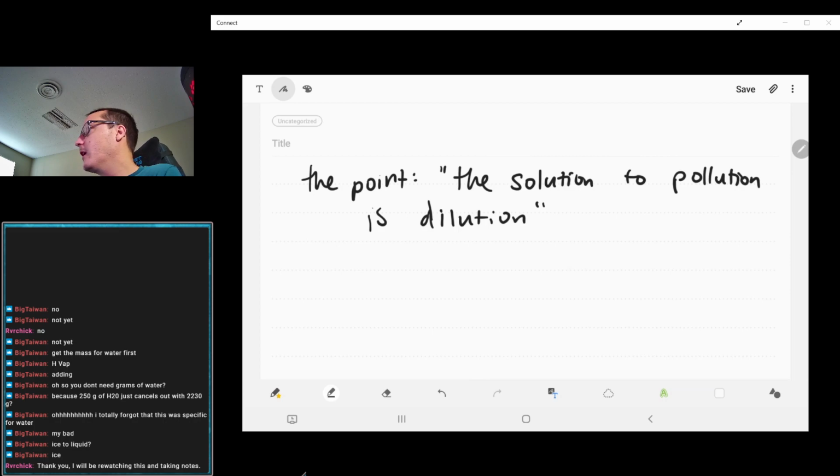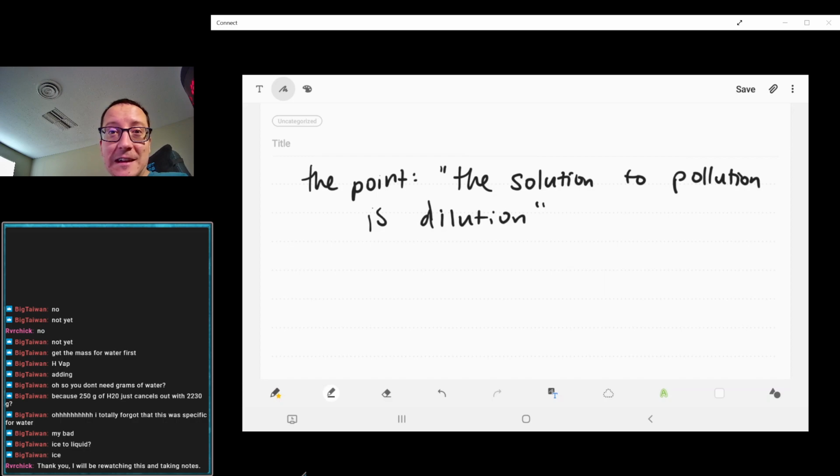So, I thought I'd start with the whole point of this chapter, the stuff that we started talking about yesterday, which is really a happy little rhyme, or something that's perhaps not so happy. The solution to pollution is dilution.